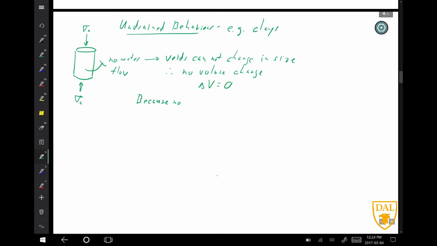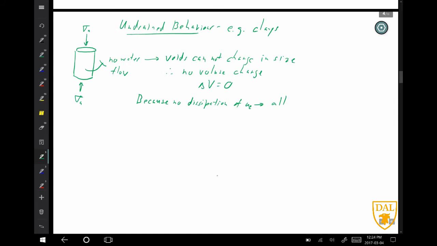Because no dissipation of pore pressure occurs, all the additional loading, like the axial loading in this little sample here, goes to the water.